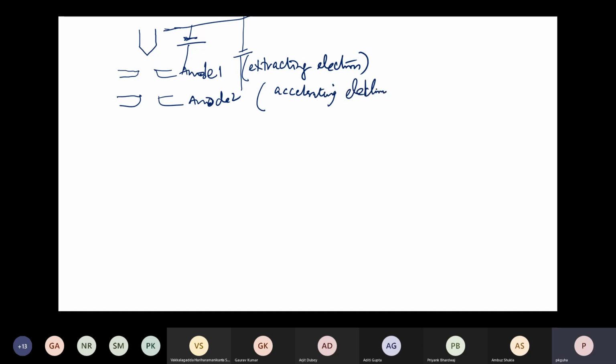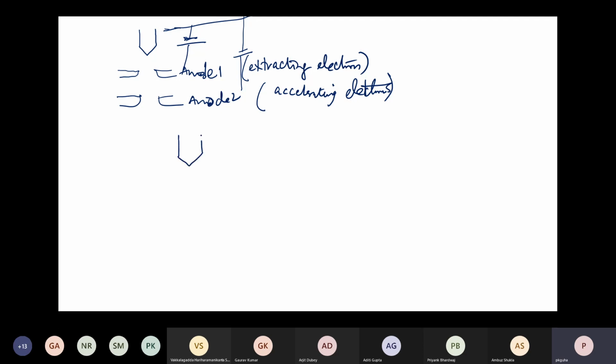In many cases people often use a Wehnelt electrode, an additional electrode between the electron gun and the anode. Let me try to draw that.